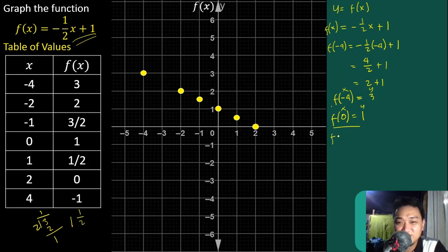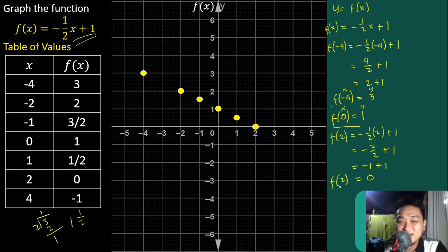So, if the value of x for this function is 2, that is also the same as negative 1 half times 2 plus 1. Negative times positive is negative, 1 half times 2 is 2 over 2, plus 1. You have 2 divided by 2 is negative 1 plus 1, that is 0 nga. Totoo nga, 0 nga, tama.